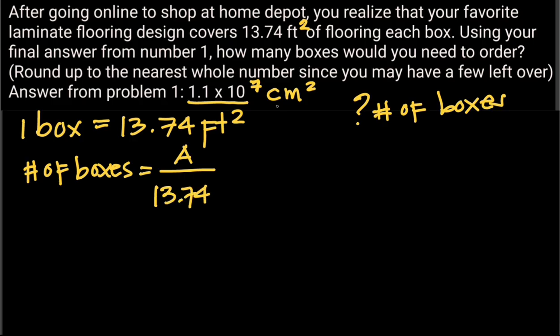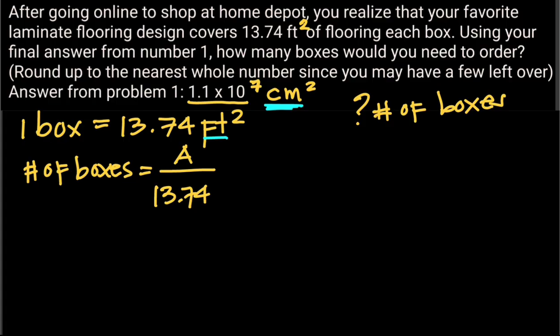But notice here that the area of the flooring and the area of the flooring covered by each box have different units. One is square centimeters and the other one is square feet. So that means we need to convert the area of the whole flooring to square feet.